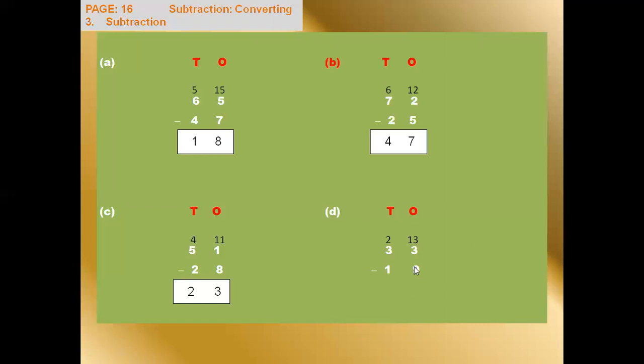So 13 minus 9: draw 13 lines and then cut 9. So 13 minus 9 is 4. Here, 2 minus 1. 2 minus 1 is equal to 1. So 33 minus 19, the answer is 14.